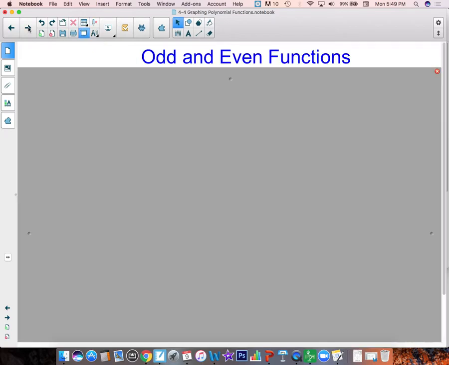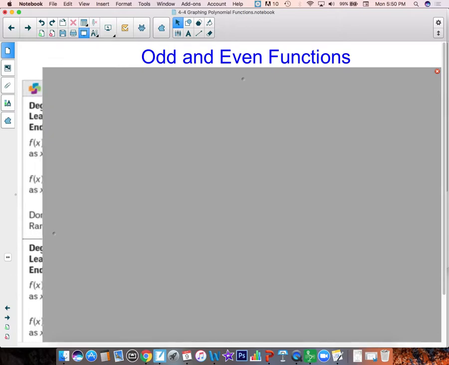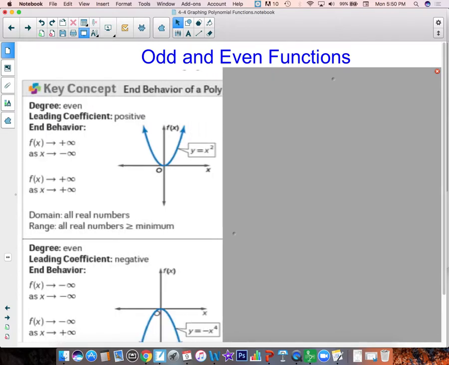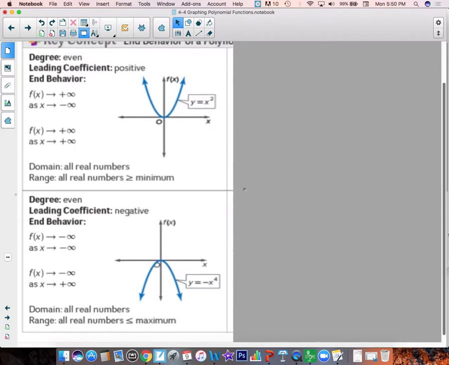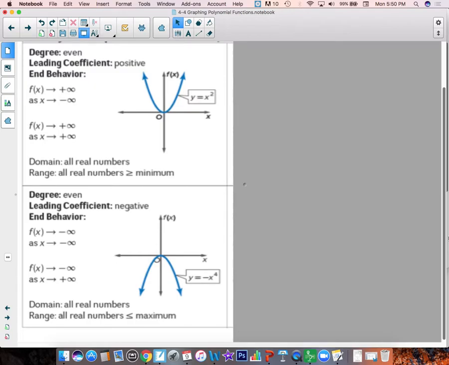When we graph polynomials, this is where you are going to have to think back to end behaviors of functions. First we have odd and even functions. If we got something like these two, I'll have to scroll down a little bit. Right there, look at the end behavior on those two.